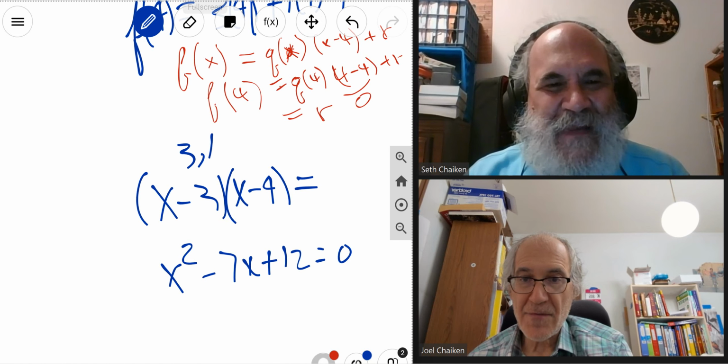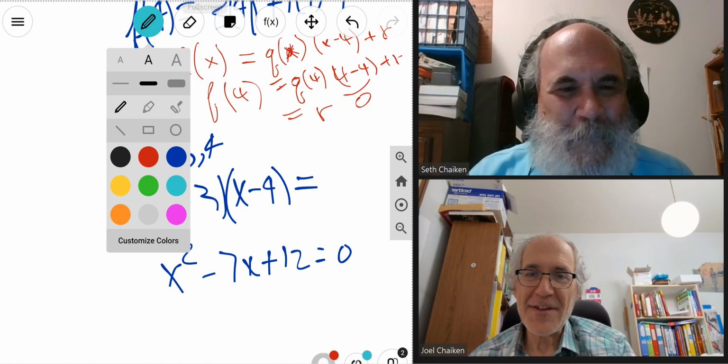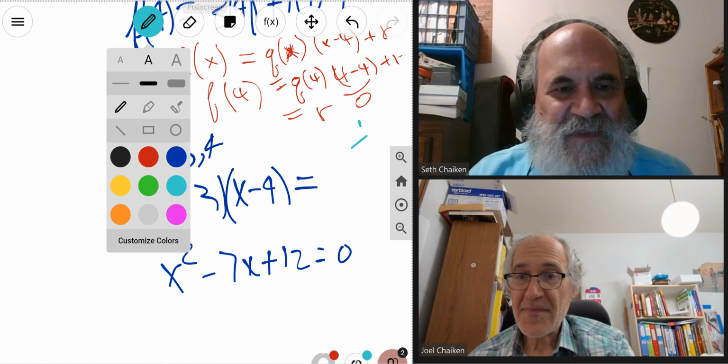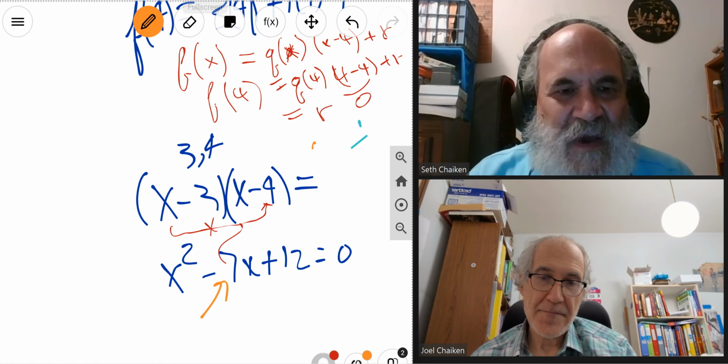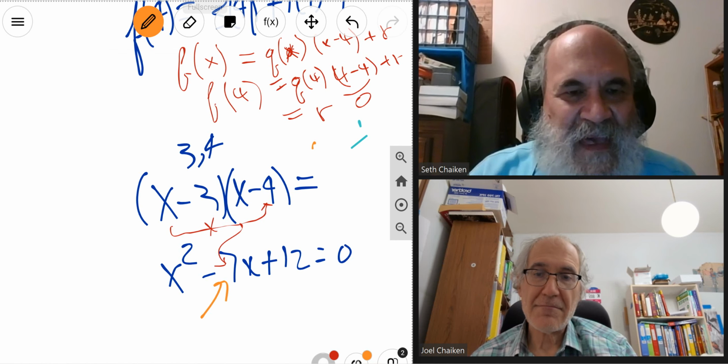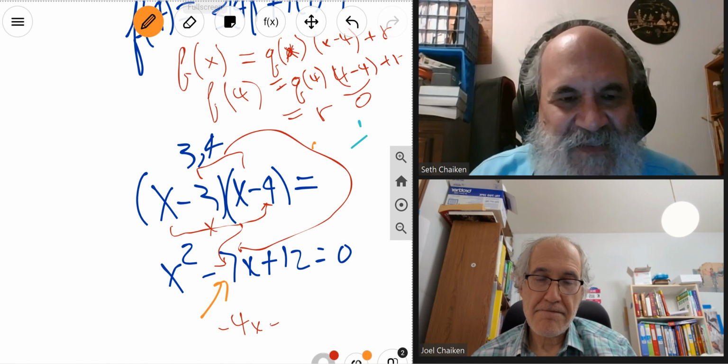The roots are 3 and 4. x times minus 4 is minus 4x, and minus 3 times x is minus 3x, which is minus 7x.